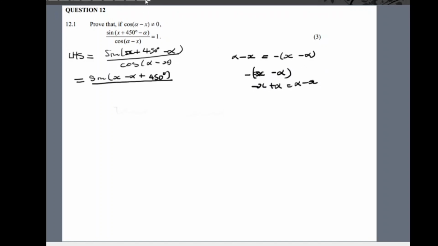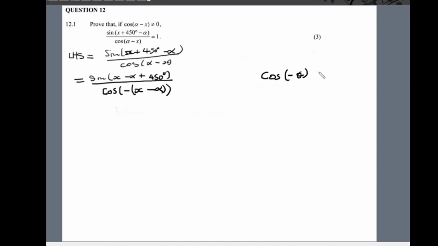So lapha ku denominator sizorearrange and write cos alpha minus x as cos minus x minus alpha, right? And then kumbuluti, if you have cos minus theta, this is equals to cos theta, right?